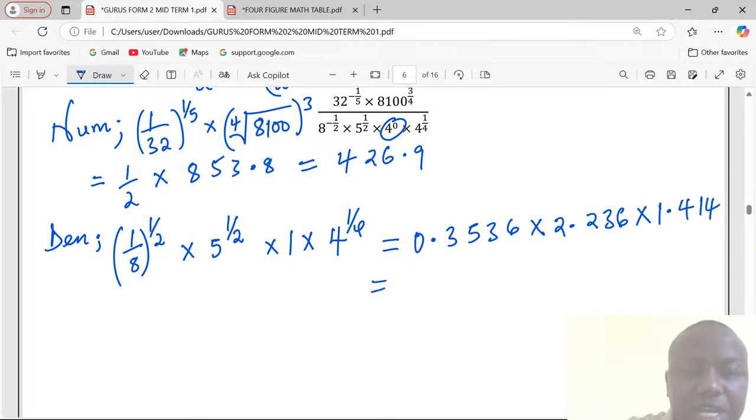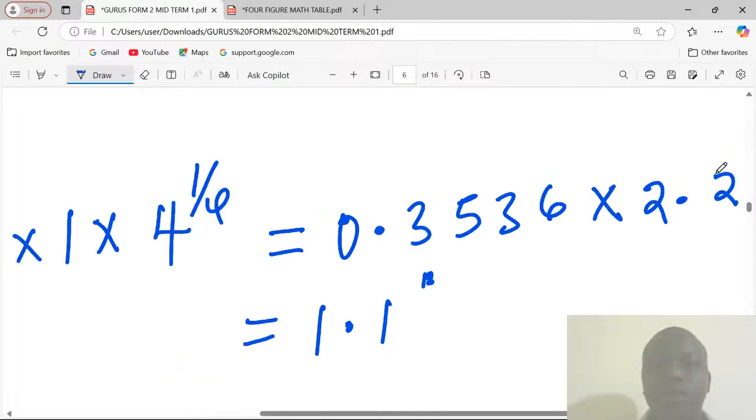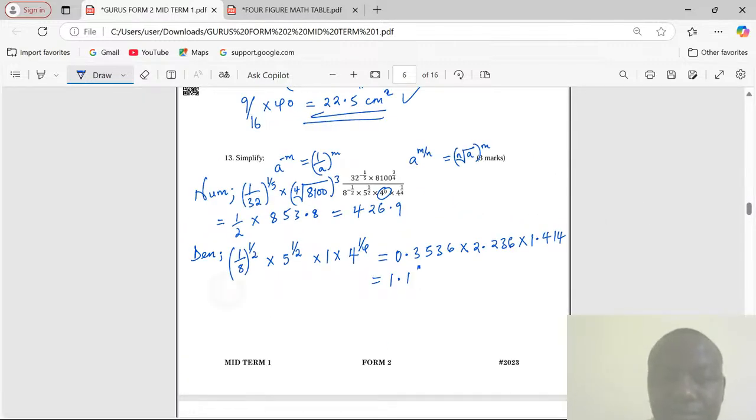So what are we getting here? 0.3536 times 2.236 times again 1.414. This is going to be 1.118.